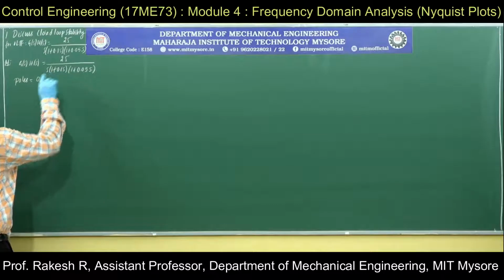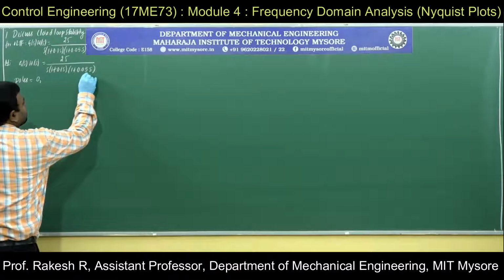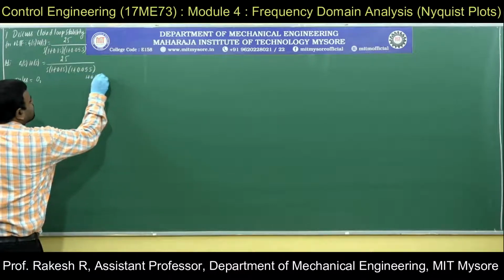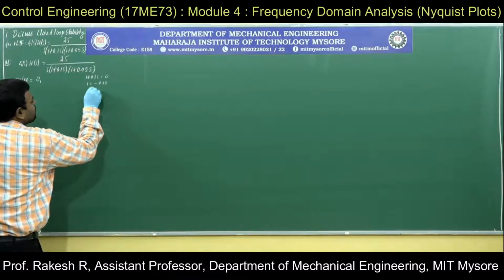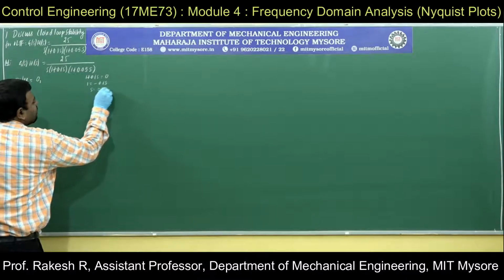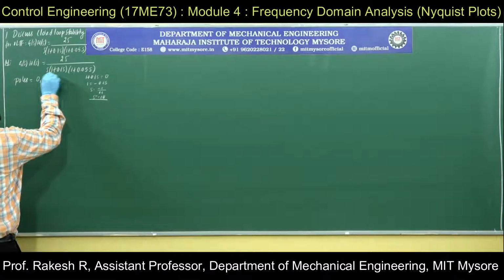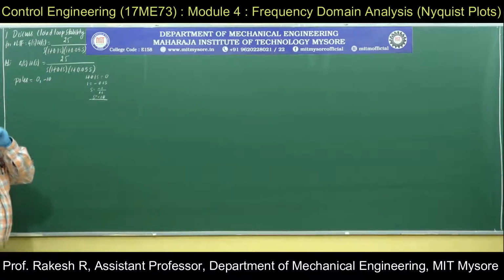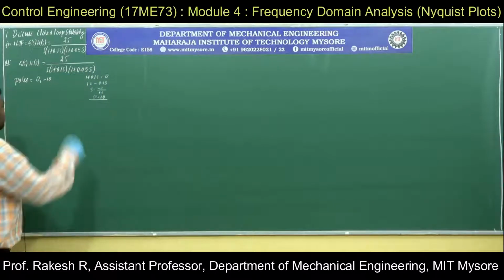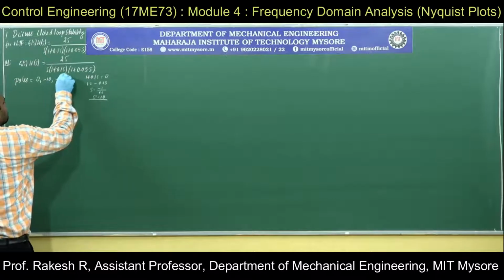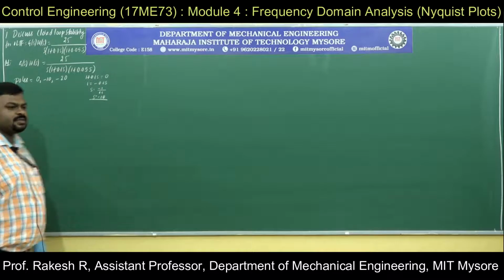Then 1 plus 0.1 s is equal to 0, 1 is equal to minus 0.1 s. So s is equal to minus 1 by 0.1, it will be minus 10. So minus 10 is another pole. Also the second thing, 1 plus 0.05 s is equal to 0, it will be minus 20. The same thing. This you have to do within fraction of seconds.